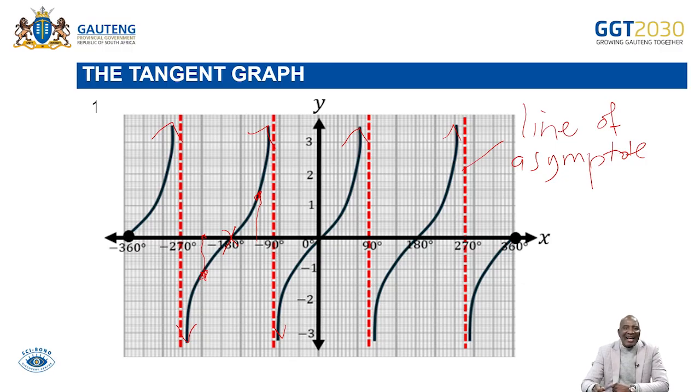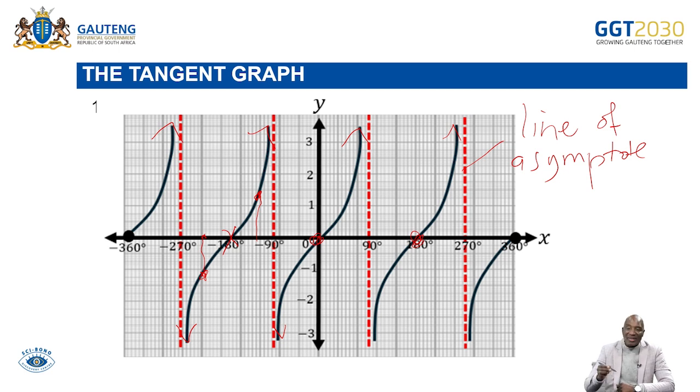So you can see again that it looks like this graph is the same wave that keeps on repeating itself. That black graph is the same wave that keeps on repeating itself. We can check after how many degrees it repeats itself. From 0 here, the graph will cross again at 180.